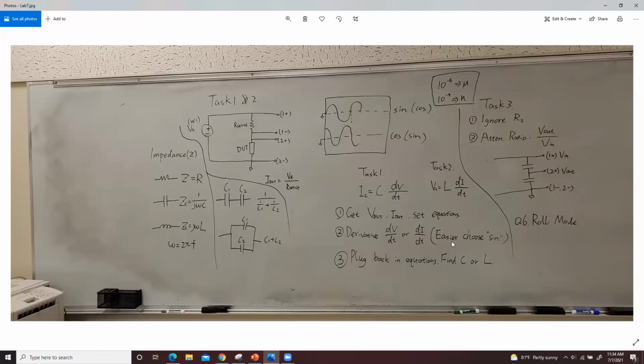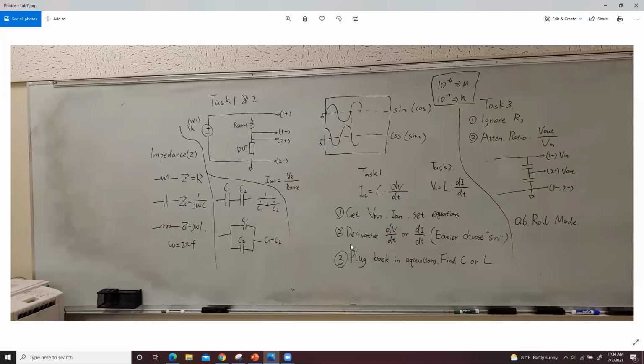The reason is that when you take the derivative of a sine wave, it is just something multiplied by cosine, but if you take the derivative of cosine, it will be minus something. So it is easier to choose sine to do the derivative.